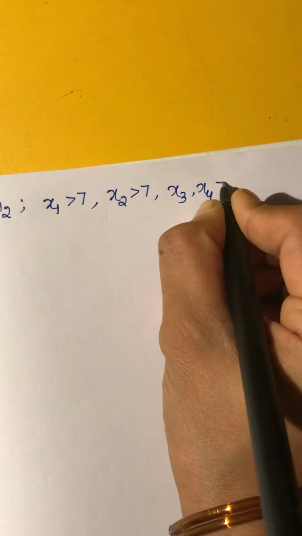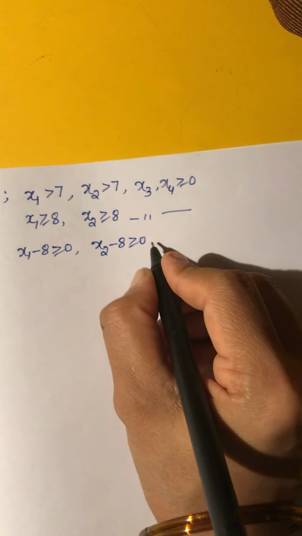Okay, this is the case here. So, we should take x1 is greater than or equal to 8, x2 is greater than or equal to 8. Next, x1 minus 8 is greater than or equal to 0, x2 minus 8 is greater than or equal to 0.